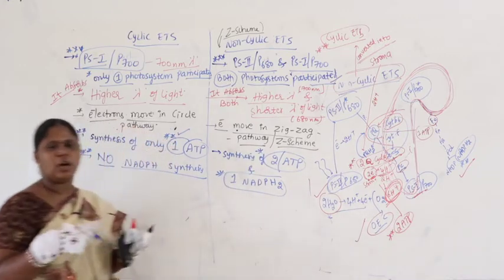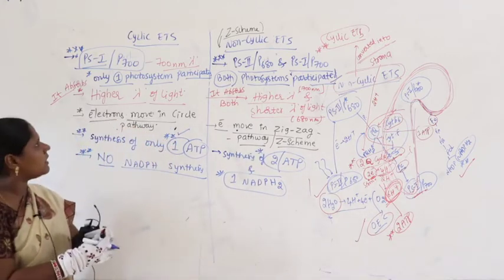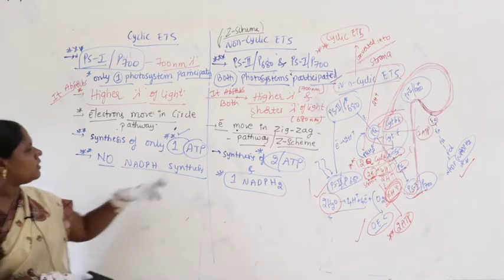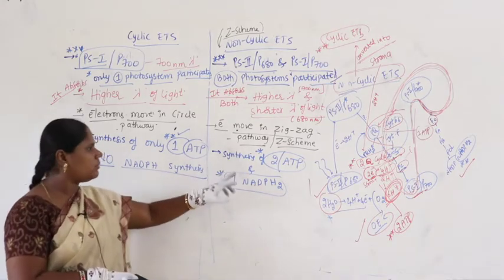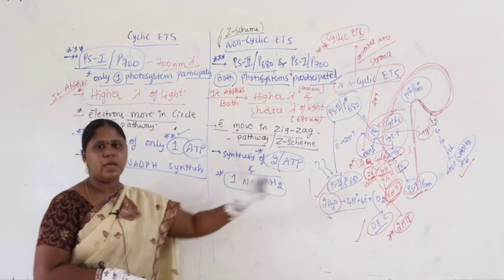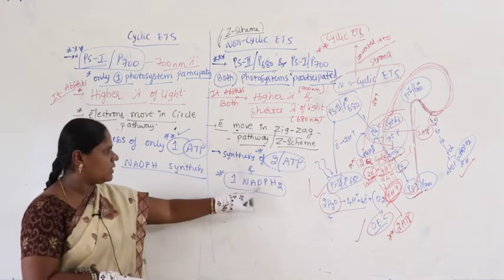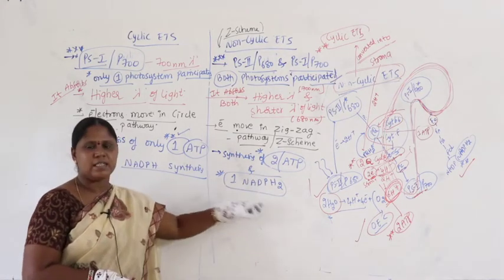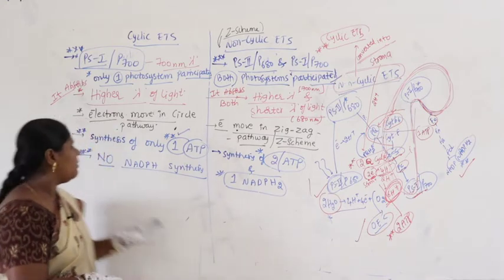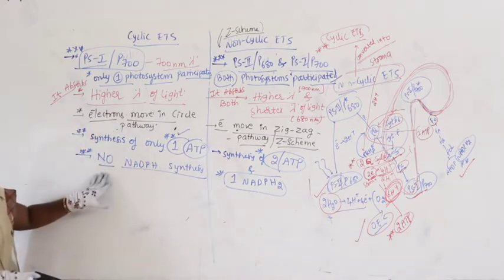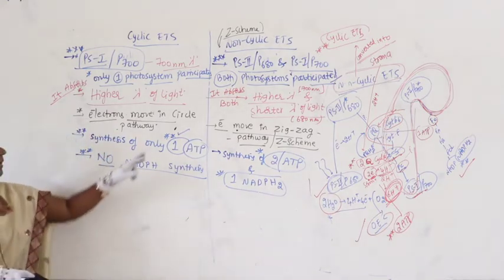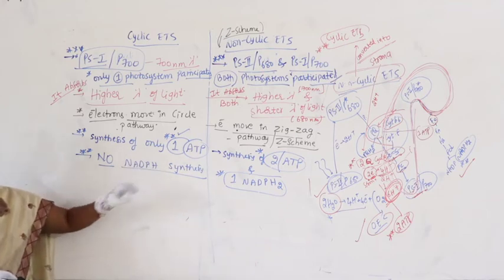What is the energy output in the case of the non-cyclic electron transport system? In non-cyclic, 2 molecules of ATP and 1 molecule of NADPH2 are produced as output. But in the cyclic electron transport system, only 1 ATP, and NADPH2 is 0.